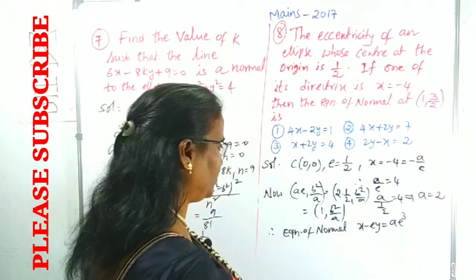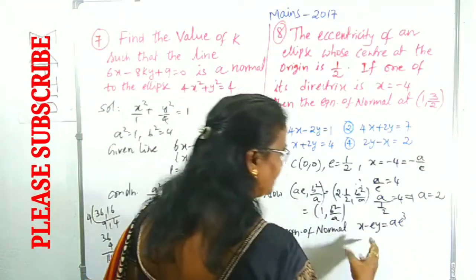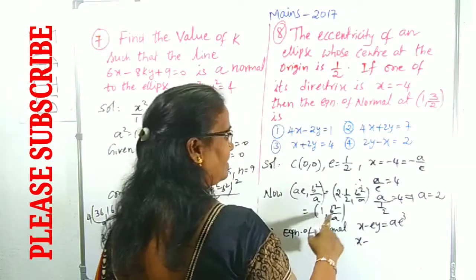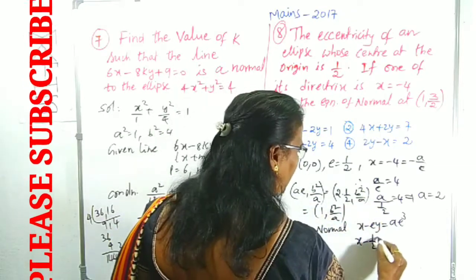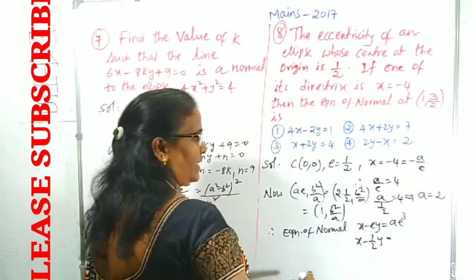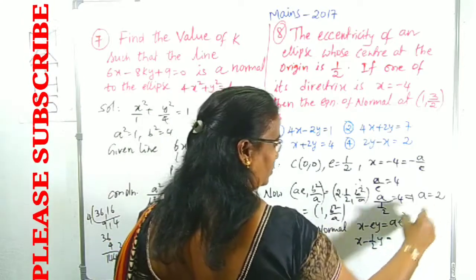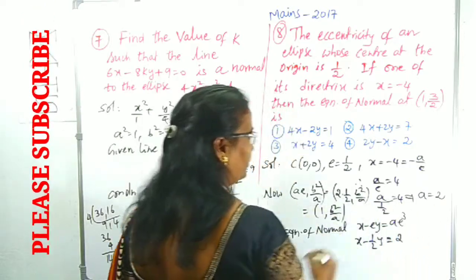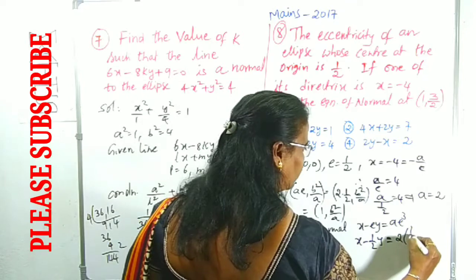Clear? Now we will use it here: x minus e y is a, with e as 1 by 2, y a square. a is 2, so ae cube, e is 1 by 2 whole cube means 1 by 8, times 2.